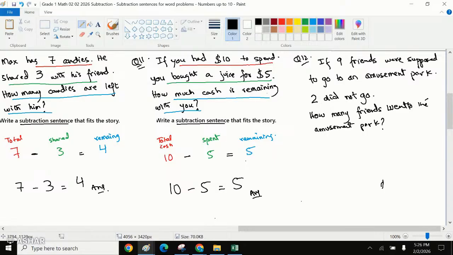And let's write the subtraction sentence for the story. If there were 9 friends who were supposed to go to the amusement park, 2 of those friends did not go. Then how can we write this?